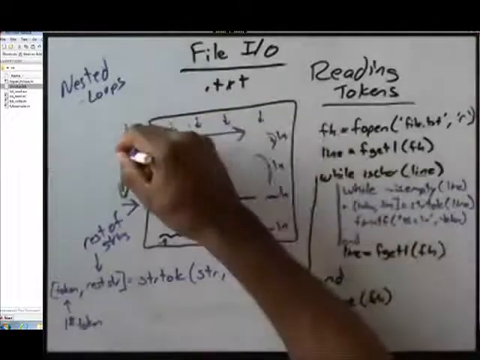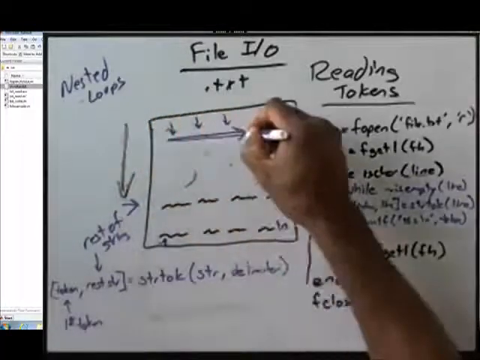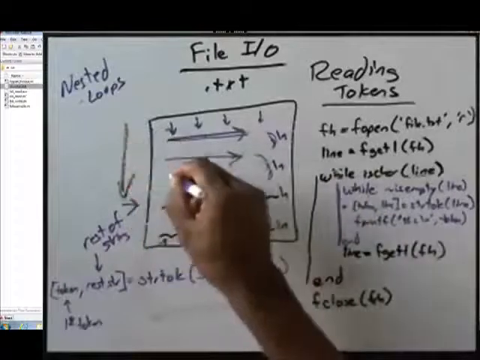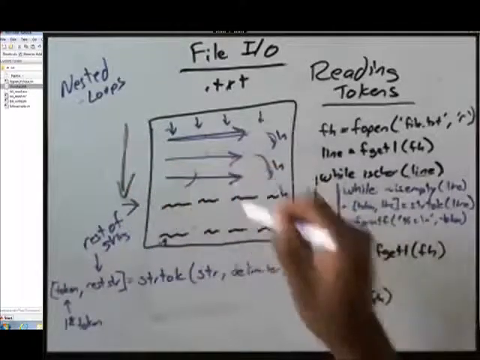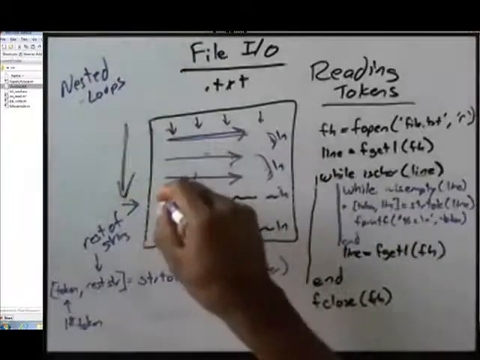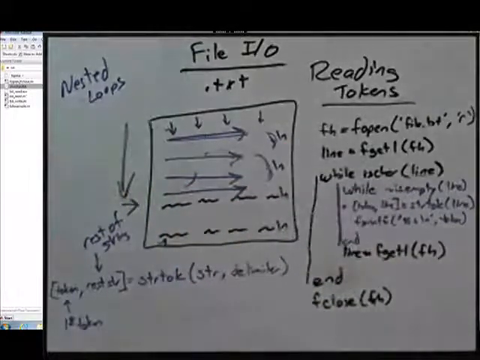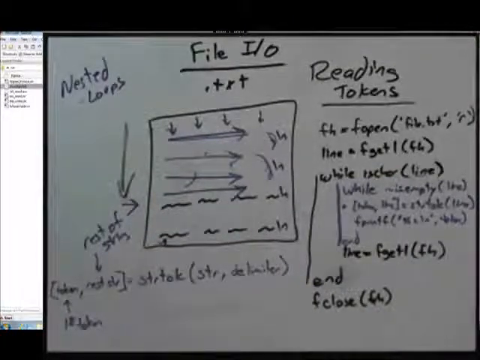So this gets the next line, the purple loop moves down that line. Then you go down one more, the purple loop moves down that line. Then the black loop gets you the next line, and the purple loop goes down the next line. And the black loop gets you the next line, and the purple loop goes down the tokens in that line. And you keep doing that until you're out of lines. And so that's what's happening in this nested loop.